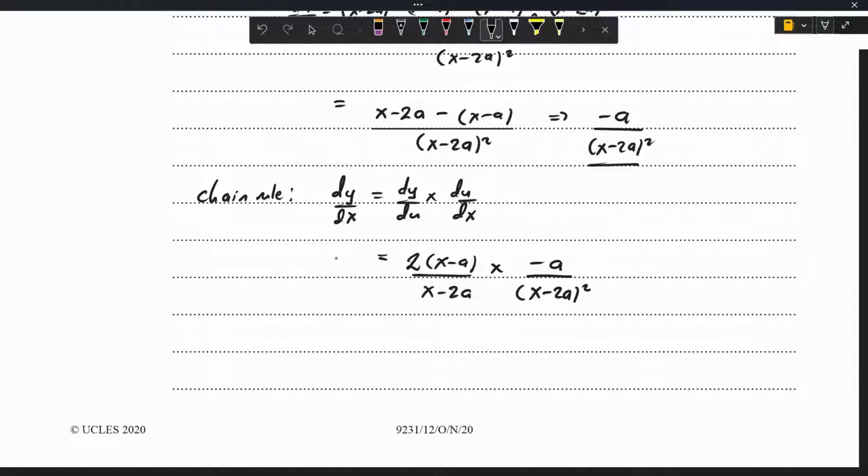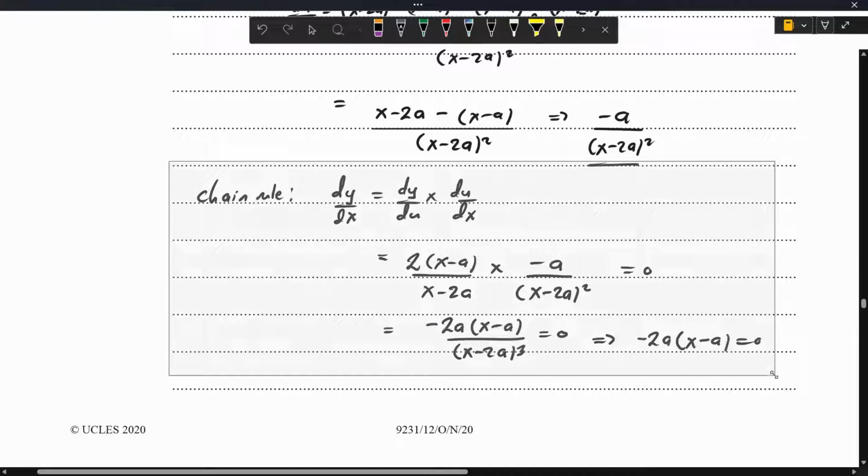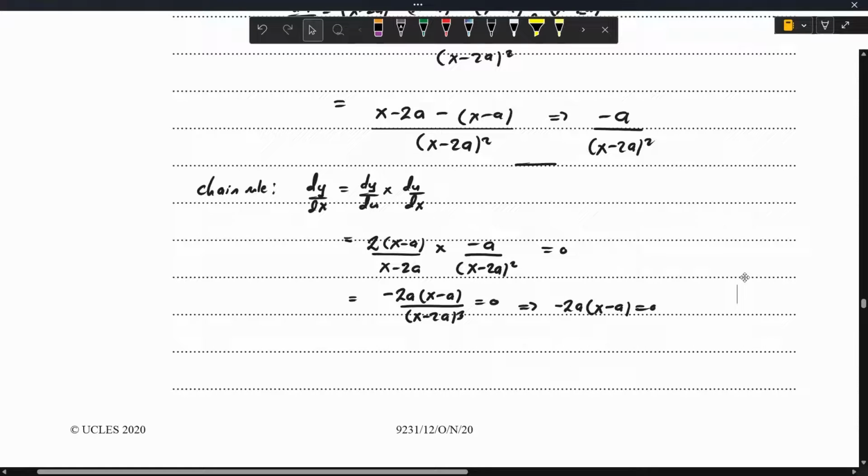And remember, dy by dx is equal to 0 at the stationary point. So essentially, we have minus 2a of x minus a over x minus 2a, actually cubed now, equal to 0, which will lead us to having, if we multiply both sides by the denominator, minus 2a of x minus a equal to 0. And with that, we can say that x is equal to a.